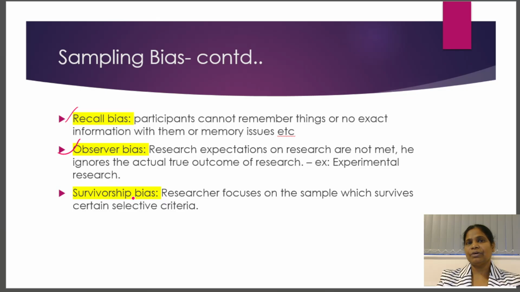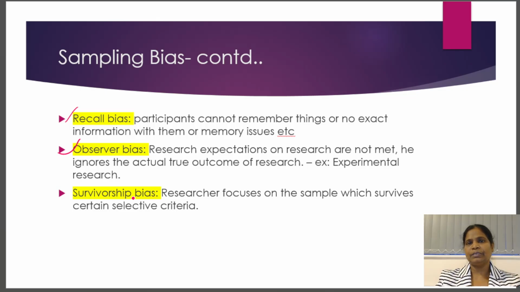Now, when we say survivorship bias, suppose we want to do a study on a particular population, maybe some adolescents, and we select a sampling frame and we select a sample.